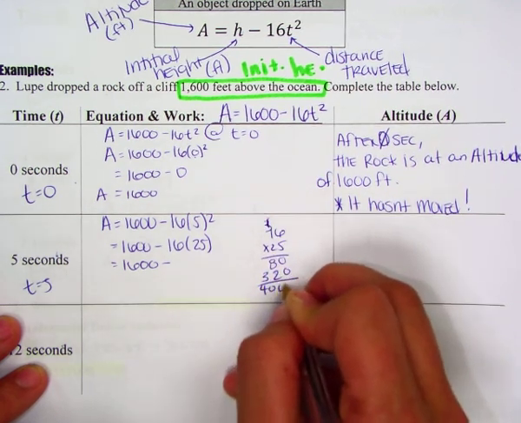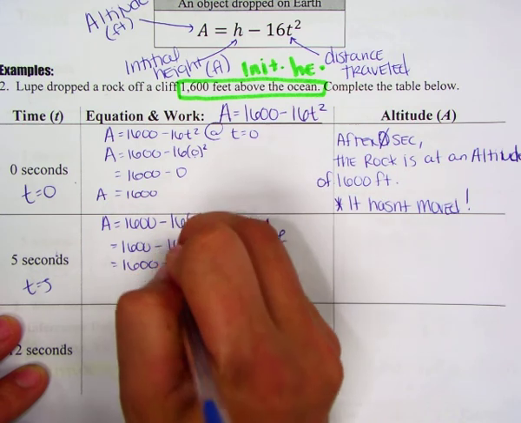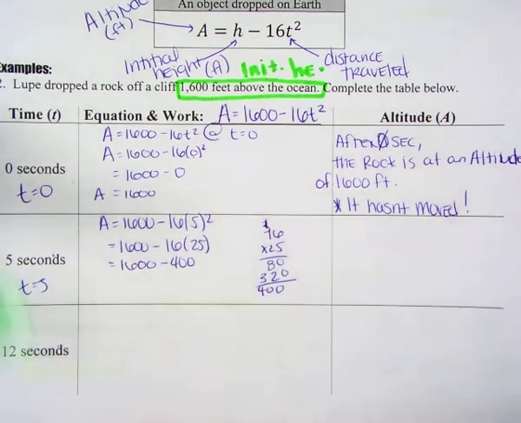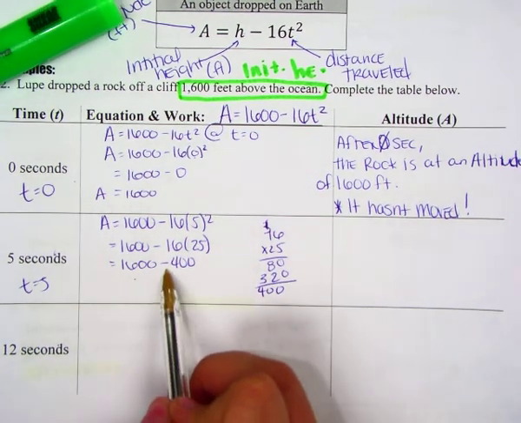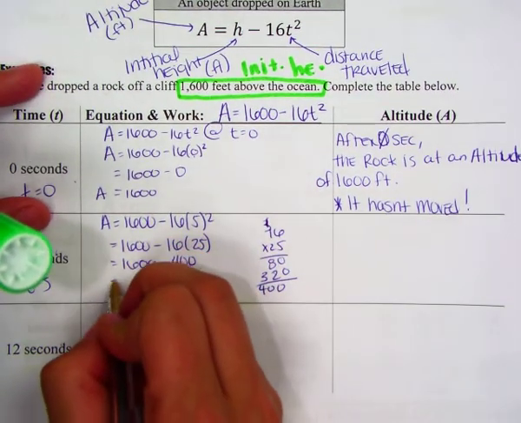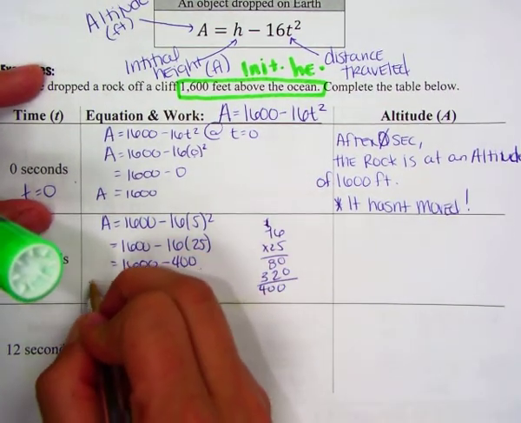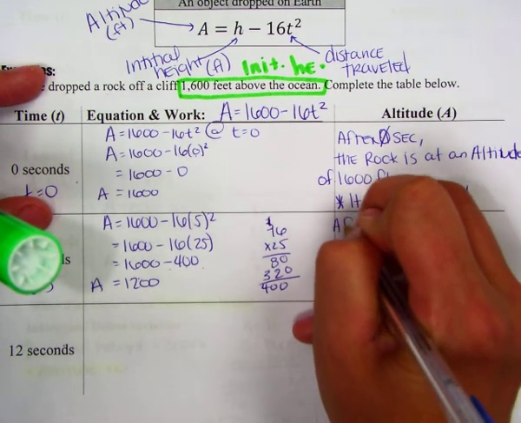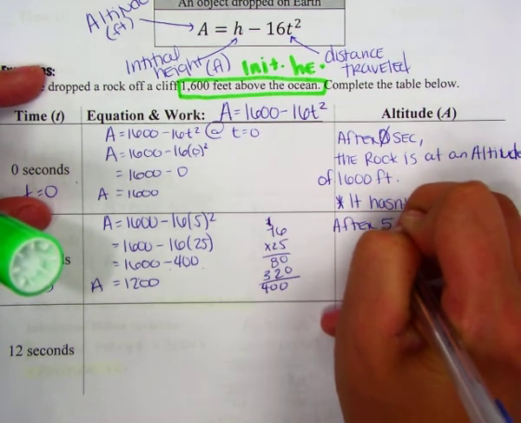And that's 400. So again, the altitude will be the initial height minus the distance traveled. So it's traveled 400 feet, giving us 1,200.